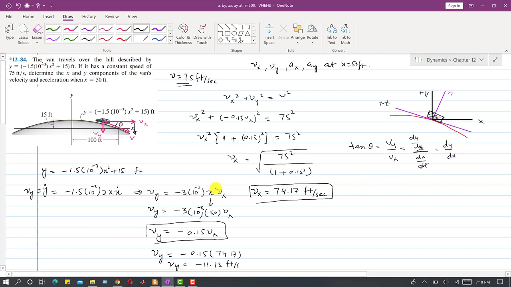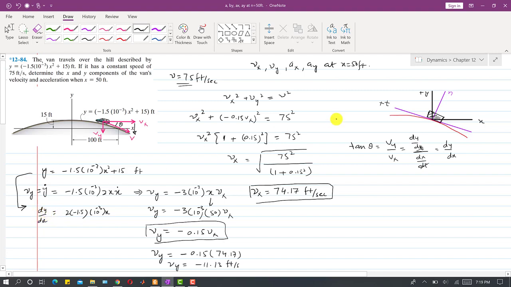If I take the derivative with respect to x, this will be dy by dx, and that will be 2 times 2 times minus 1.5, 10 raised to the power minus 3 x, and this will become 0, and then there will be no x dot. Remember, when it is dy by dt, we have to apply the chain rule, but now this is only the derivative of y with respect to x.